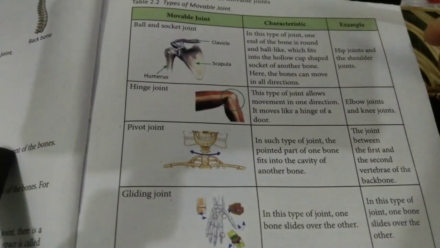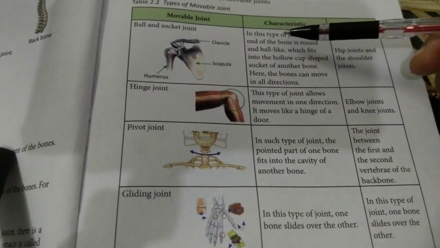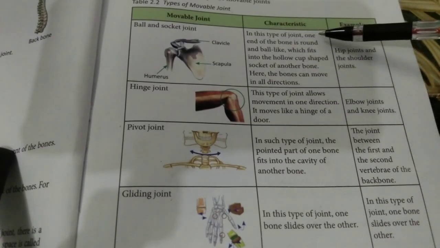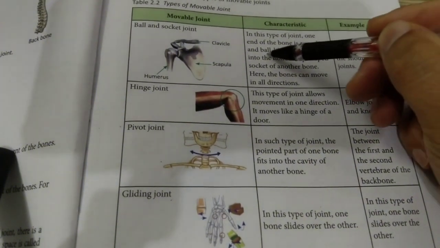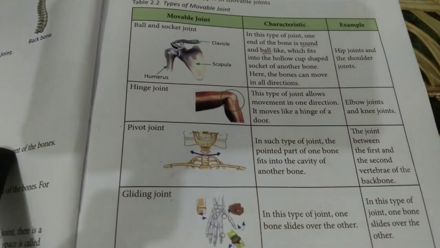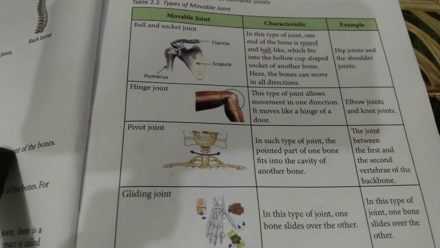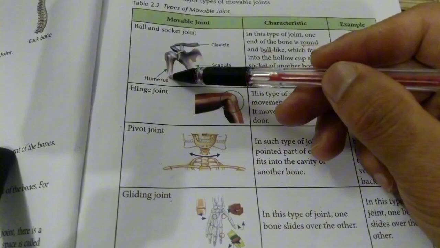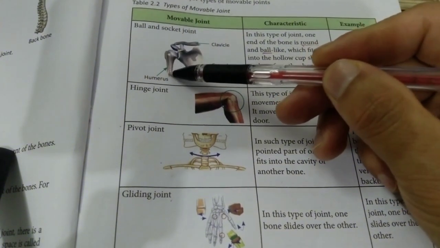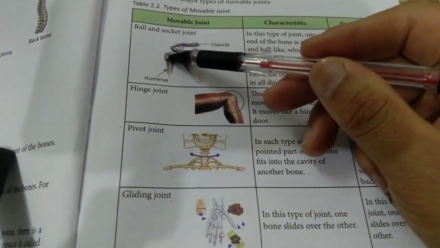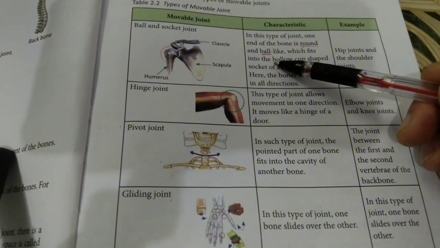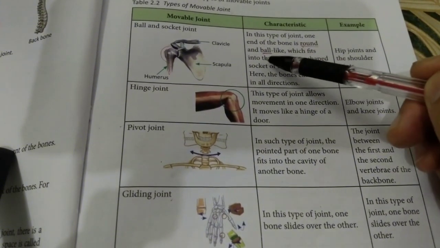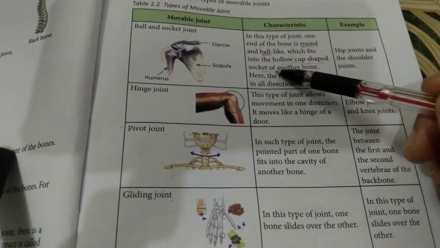The first is the ball and socket joint. The characteristic of the ball and socket joint is that in this type of joint, one end of the bone is round and ball like, and it fits into the hollow cup shaped socket of another bone.